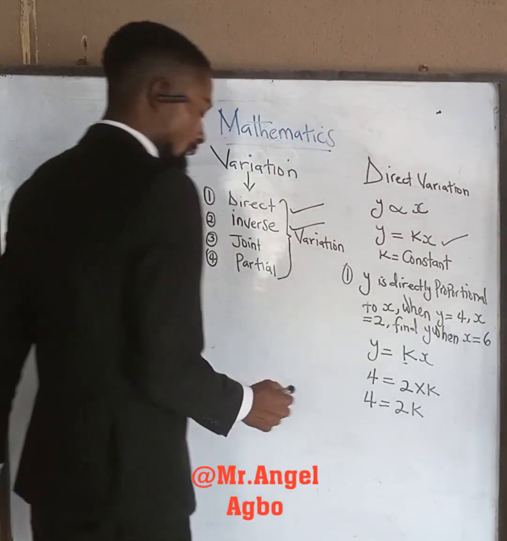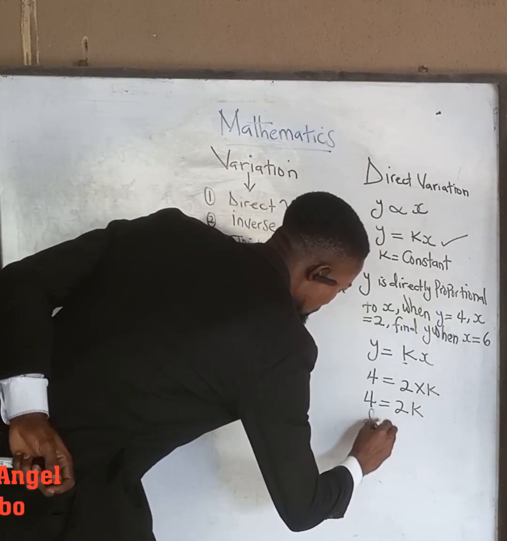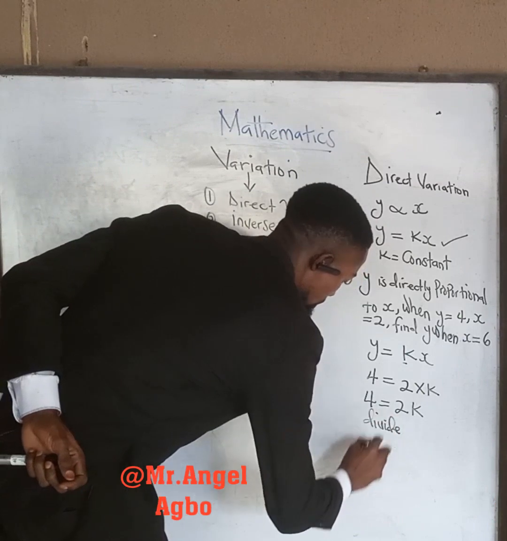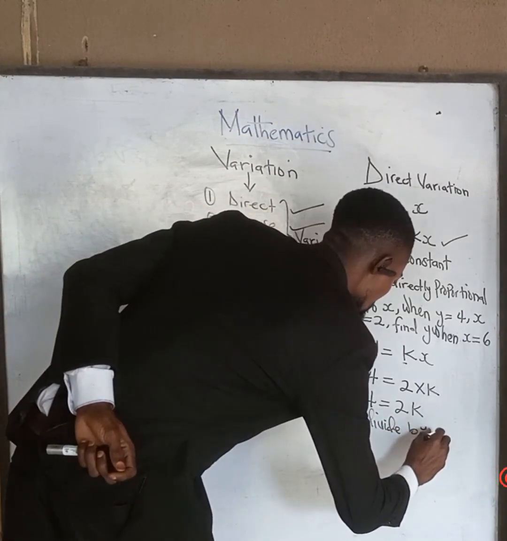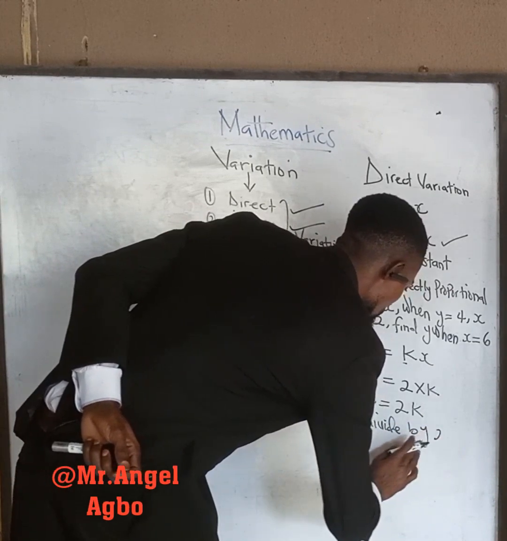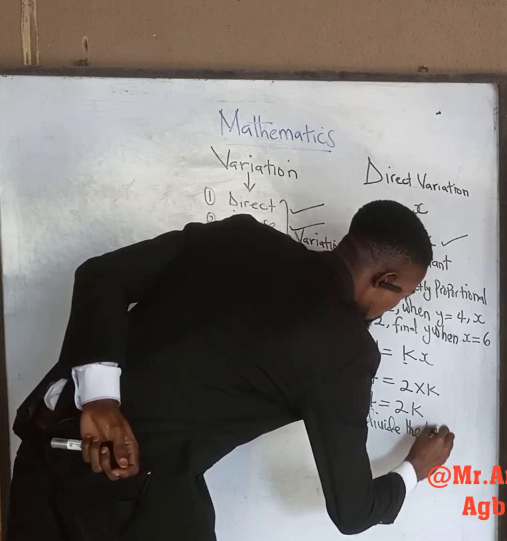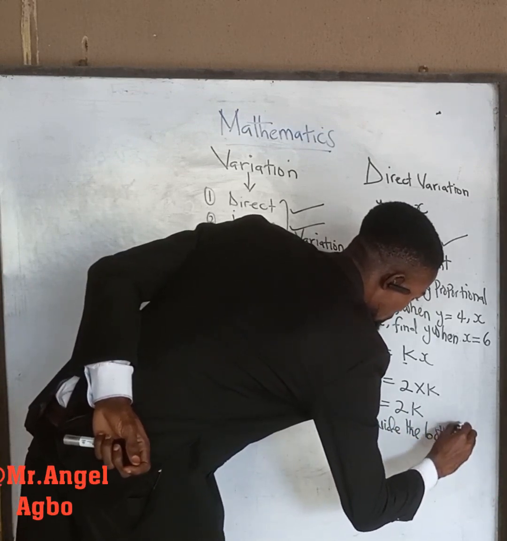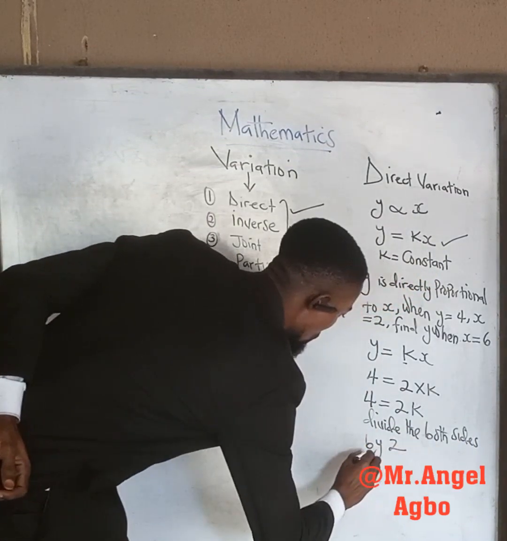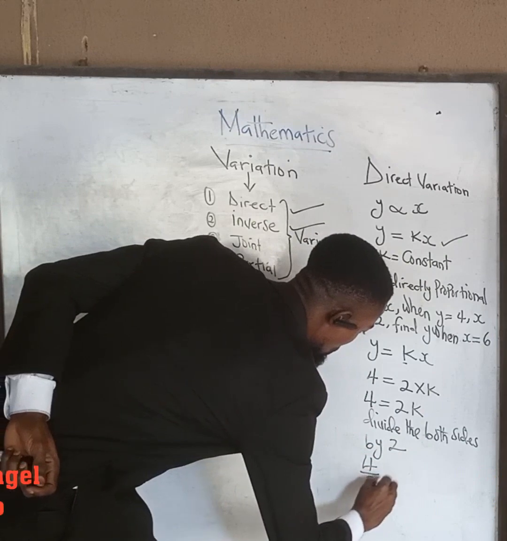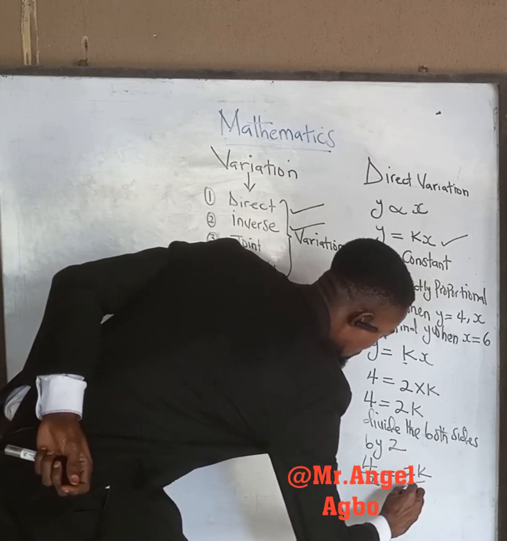Now we divide both sides by 2, right? So 4 divided by 2 equals 2k divided by 2.